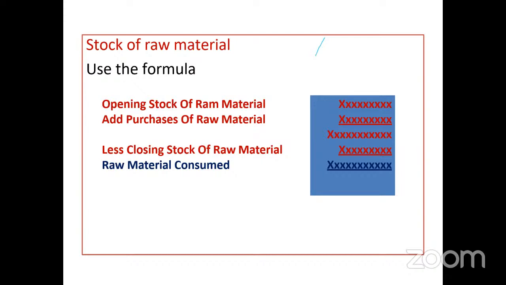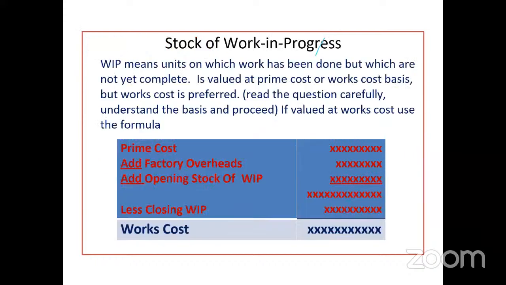So this is about the calculation of raw materials consumed. Next, when stock of work in progress is given, that means both opening stock and closing stock of work in progress, how do we deal with it? Let's say raw material consumed we have already computed, then direct labor and direct expenses are there.